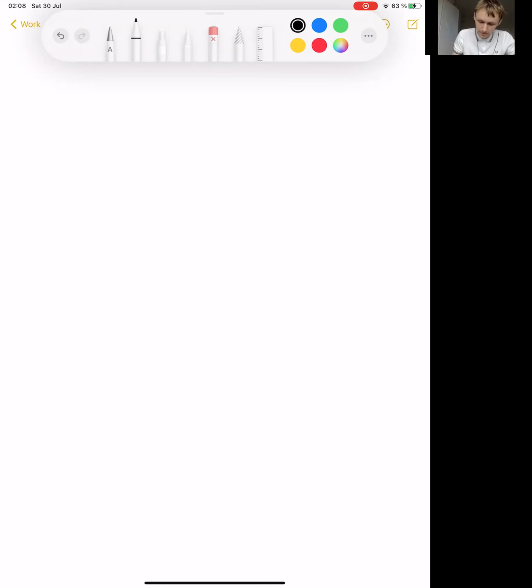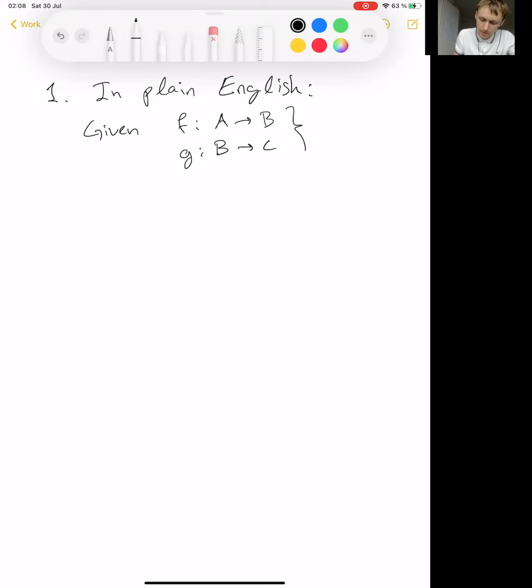So the first problem was this. Let's state it in plain English because it was written sort of type theoretically. We're given two functions, f from A to B and g from B to C. Both of these functions are embeddings.